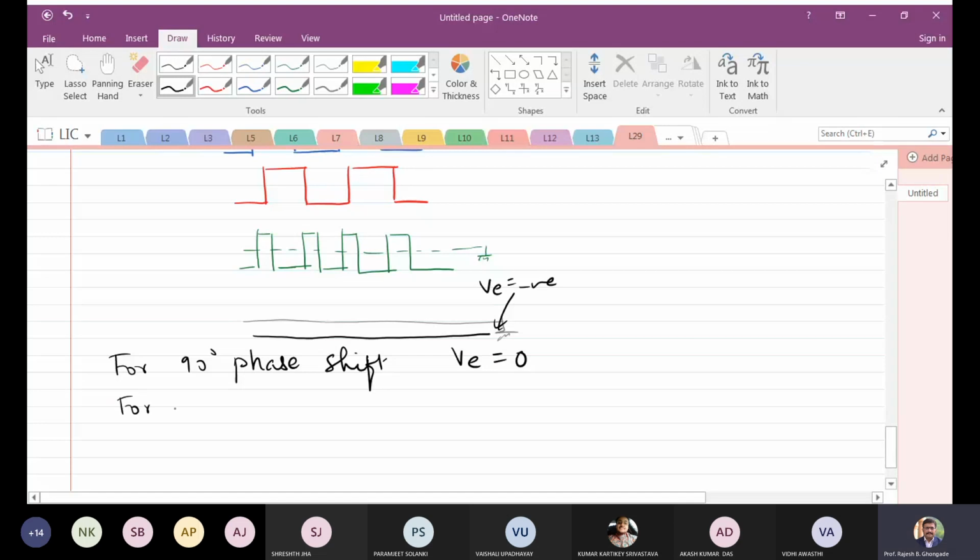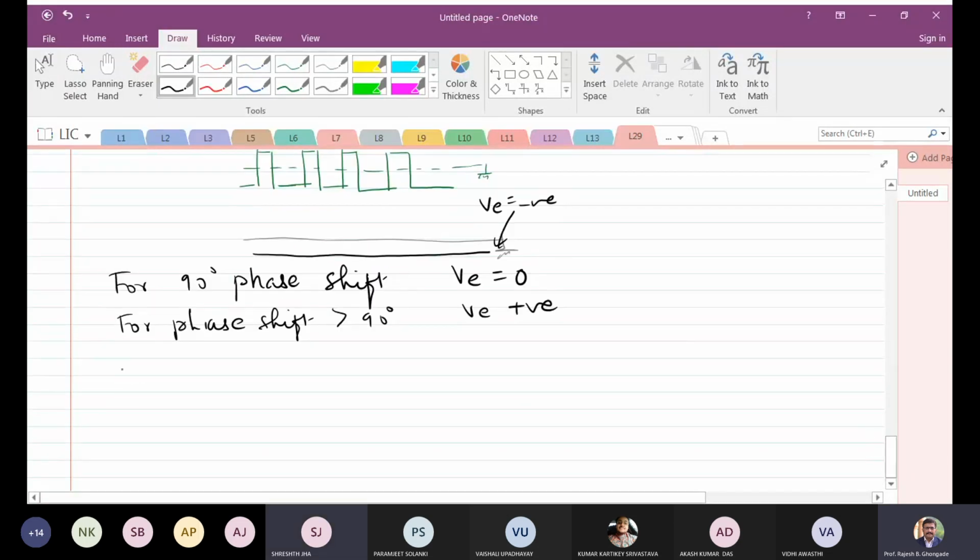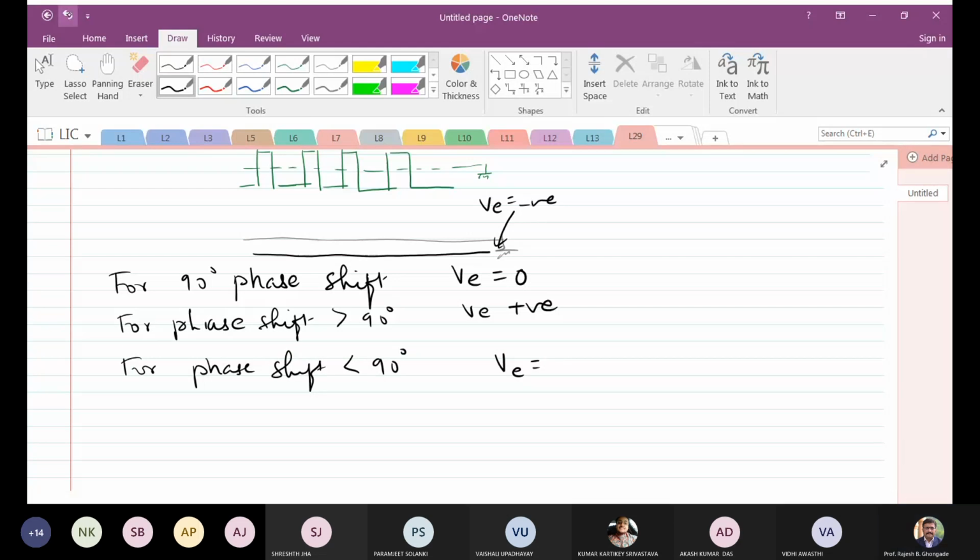For phase shift greater than 90 degrees, VE is going to be a positive value depending on how much is the phase shift. And for phase shift less than 90 degrees, your VE error voltage is going to be negative. But that is what you should understand.